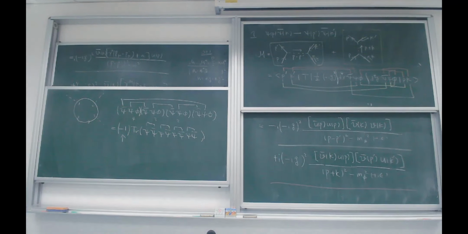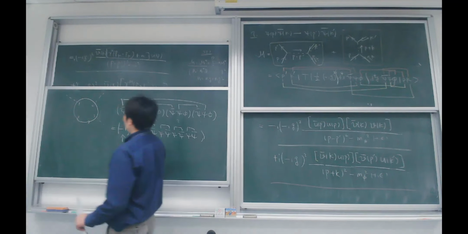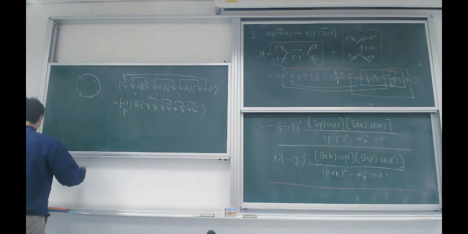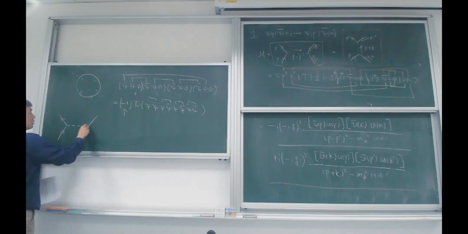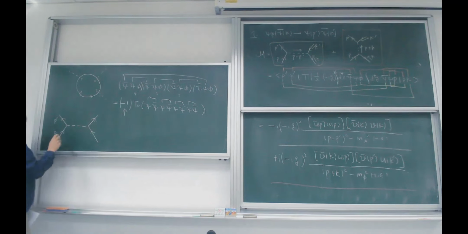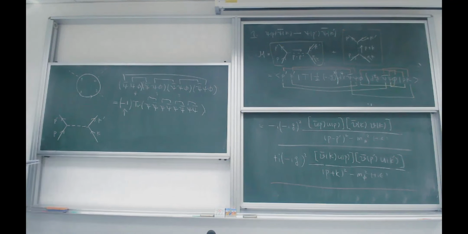And then the second one, you got the potential. So let's consider the following that what we have. It's also like P prime, K, and K prime. So what we have is this one.